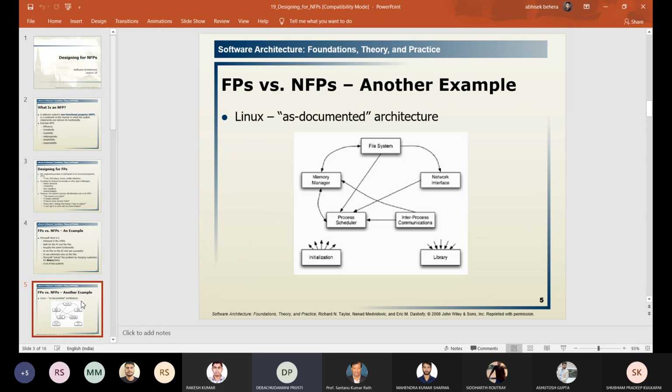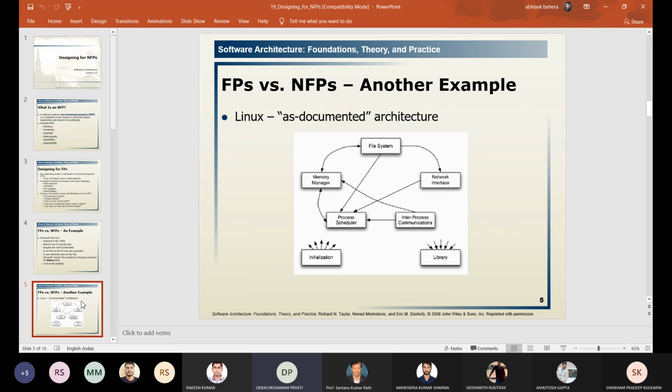Then another example here. Now we are initializing and we are storing with a library. First, the file system. A file system will be interconnected with a network interface that will communicate to the process scheduler and the memory manager.